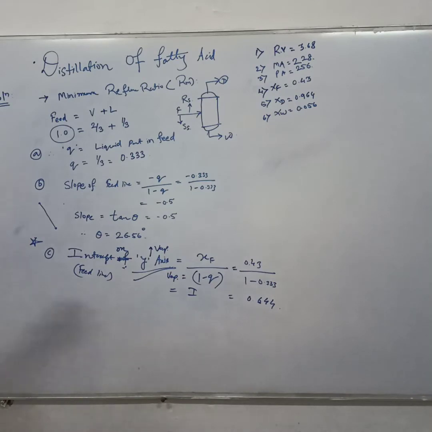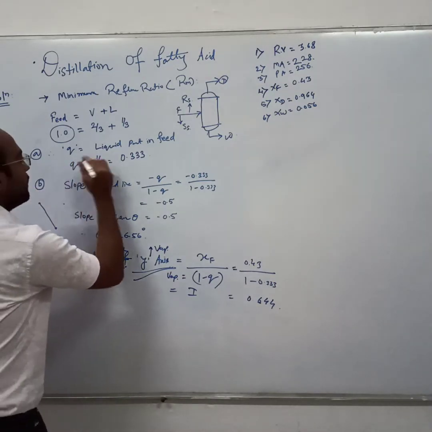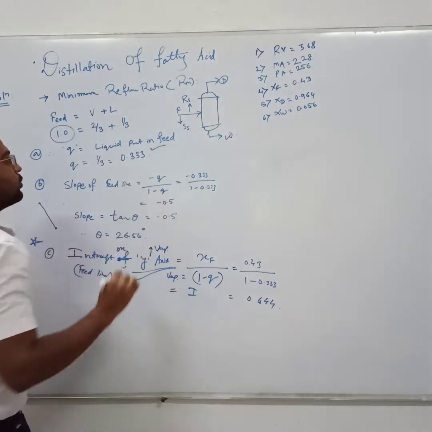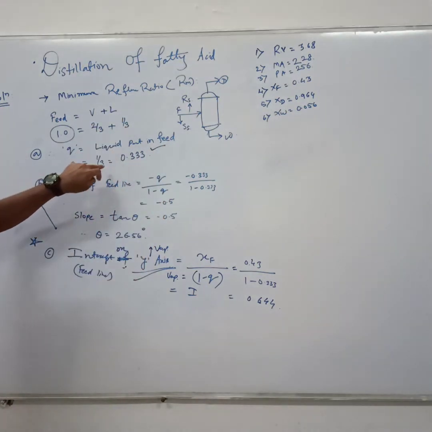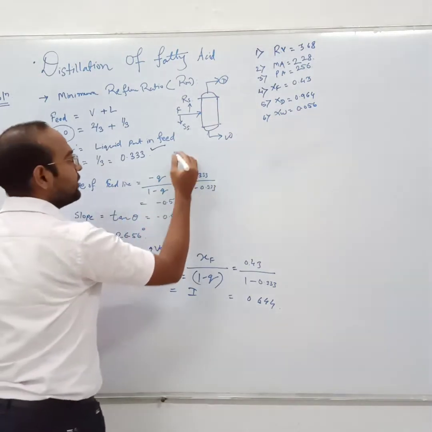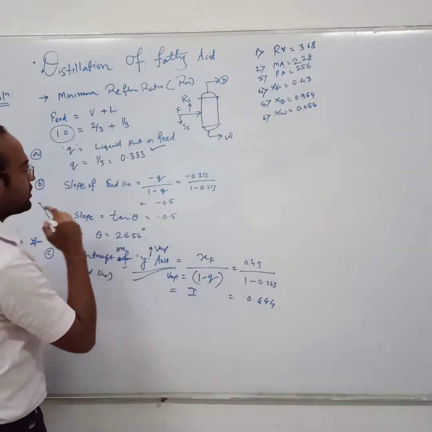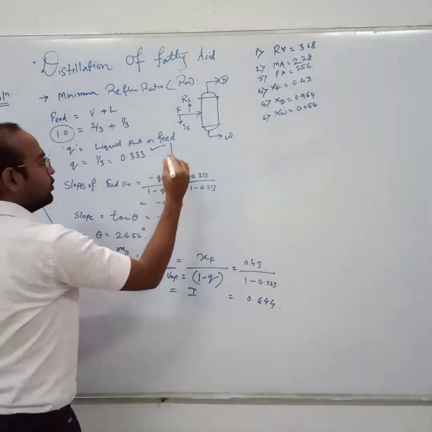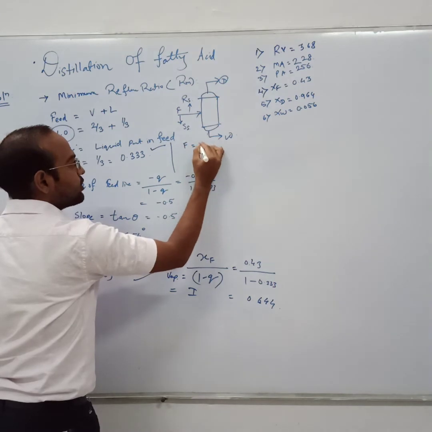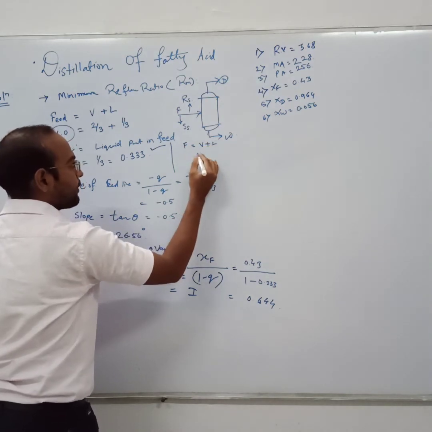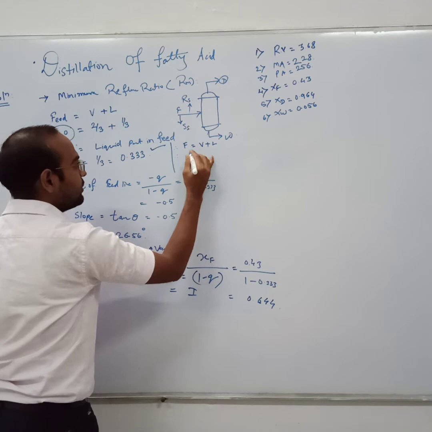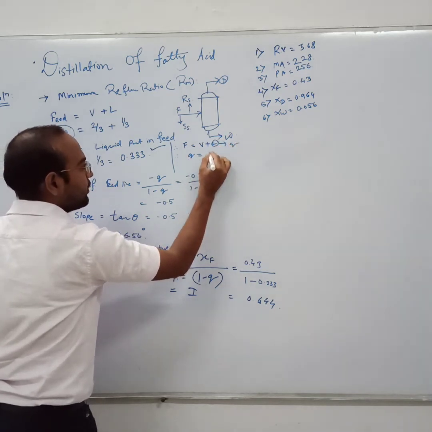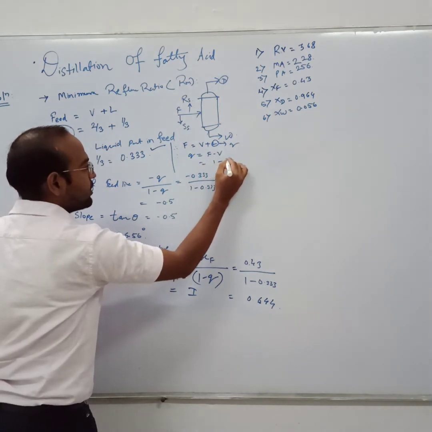Okay. Here I want to add something. Q is the part of feed which is liquid, directly given in our numerator, that is 1 by 3. Again you are able to find it, because your feed equals vapor plus liquid. Your feed is 1 and this liquid is denoted by Q. So Q equals feed minus vapor, 1 minus 2 by 3.